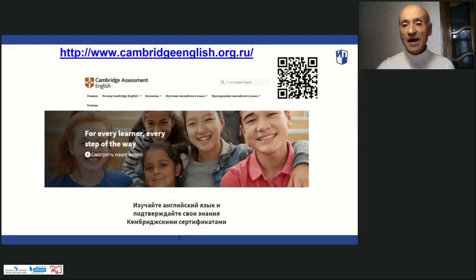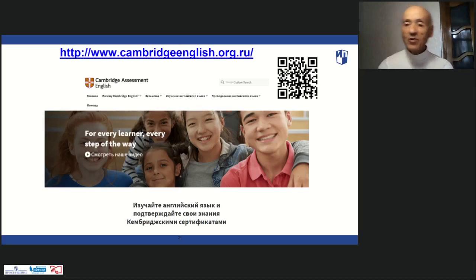This is the general internet address that can take you to the necessary information on the internet regarding Cambridge English exams.